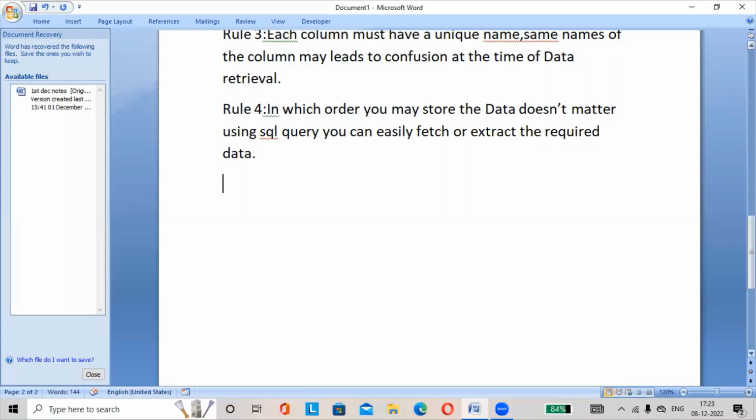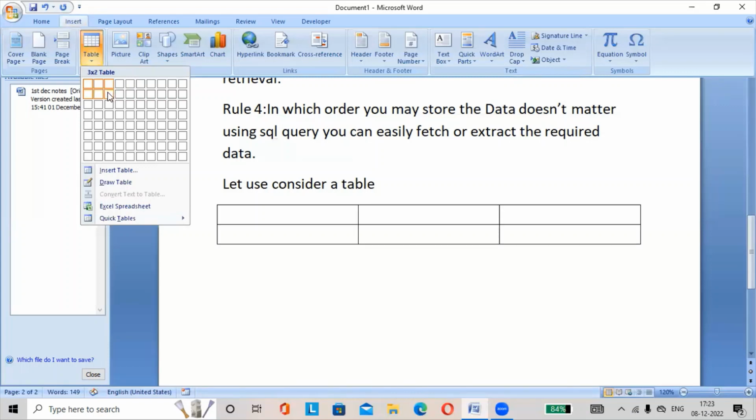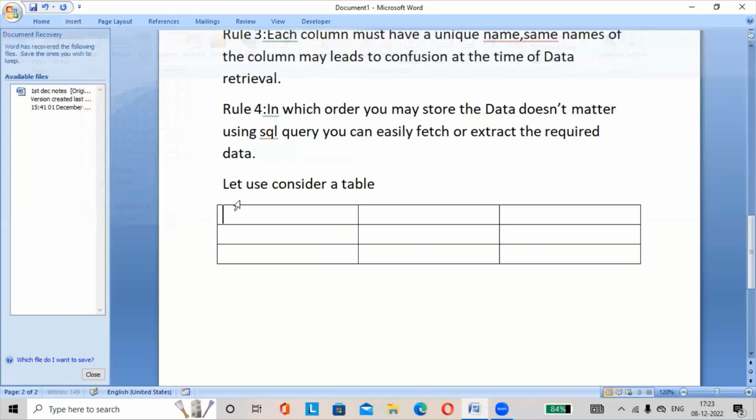Let us consider a table. Insert table. Here roll number, then name, then course name.